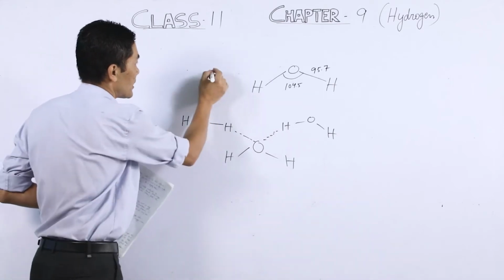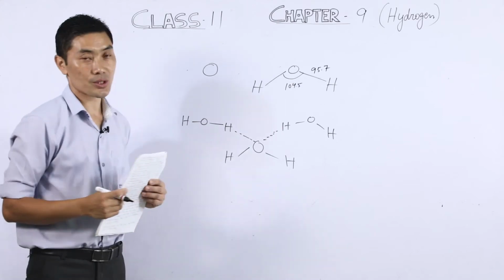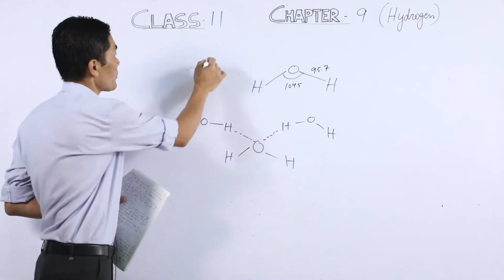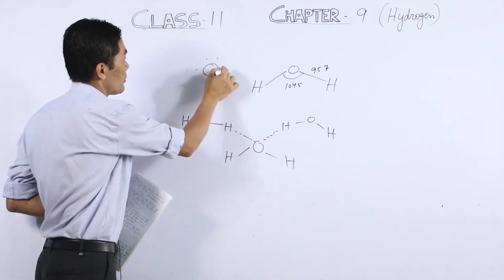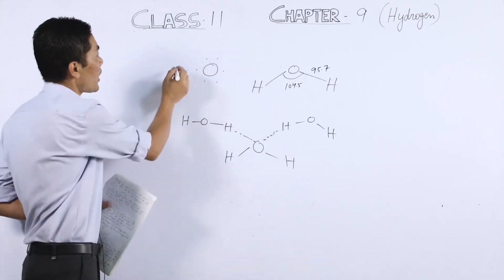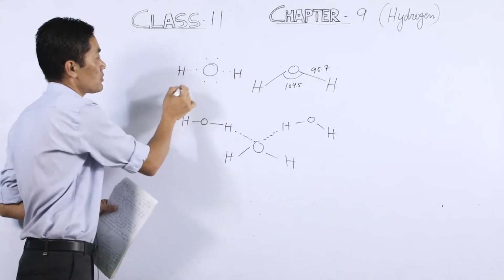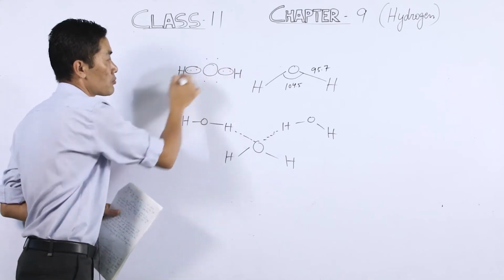Now, oxygen has 6 electrons in the valence shell. Out of these 6 electrons, 2 are shared with the 2 hydrogen atoms to form 2 covalent bonds.